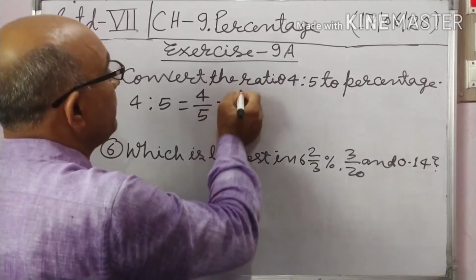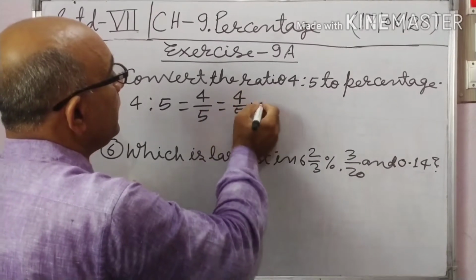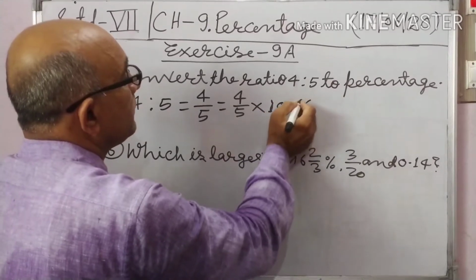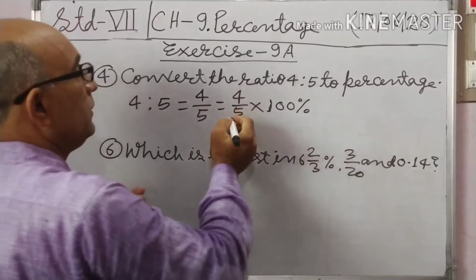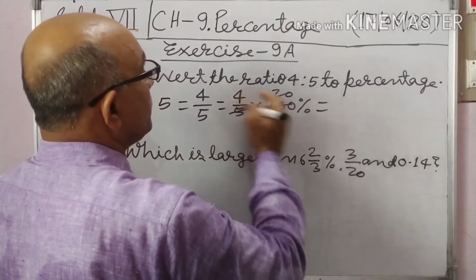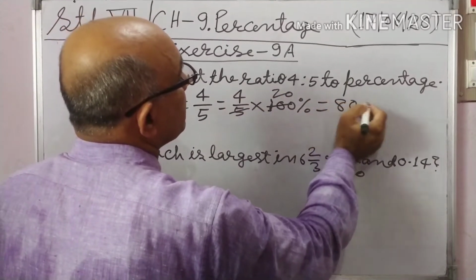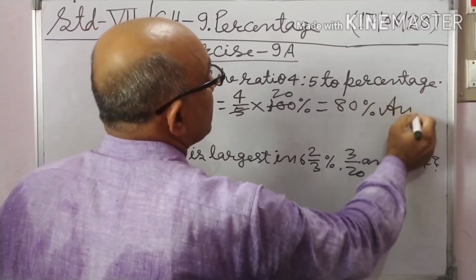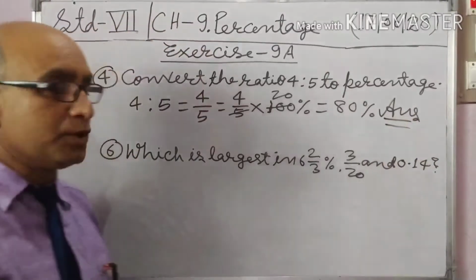So 4 by 5 into 100%. Twenty-five fives are 100, so 4 times 20 is 80%. 80% will be the answer of this question.